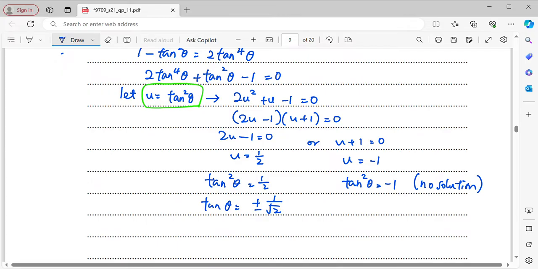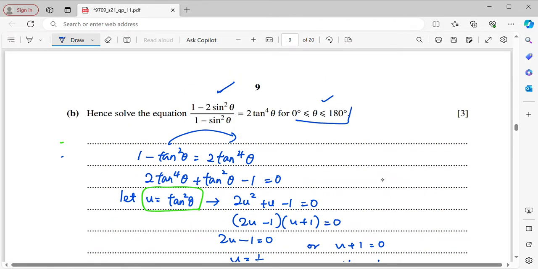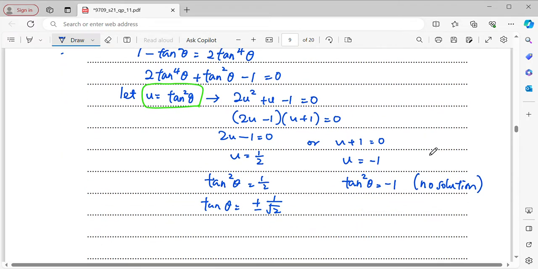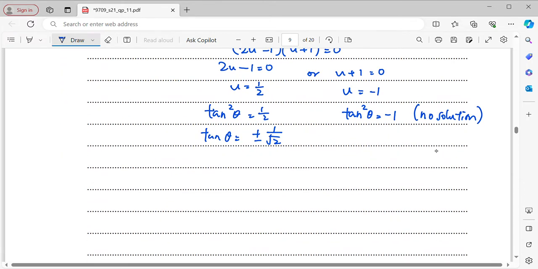By looking at the theta interval, from 0 to 180 degrees, you have to consider the angle in the first two quadrants, because tangent is positive and negative for the first two quadrants. So now you have to get the basic angle from calculator first.